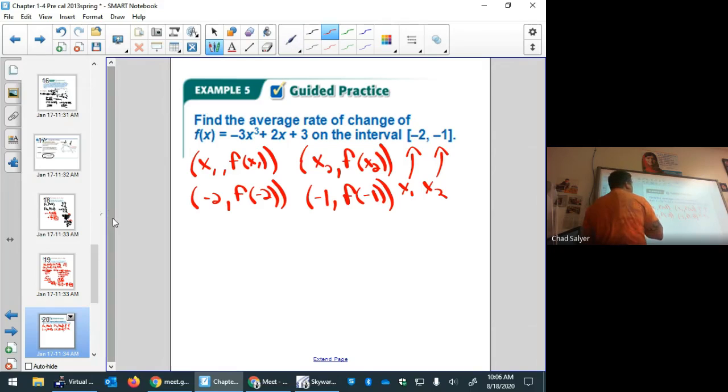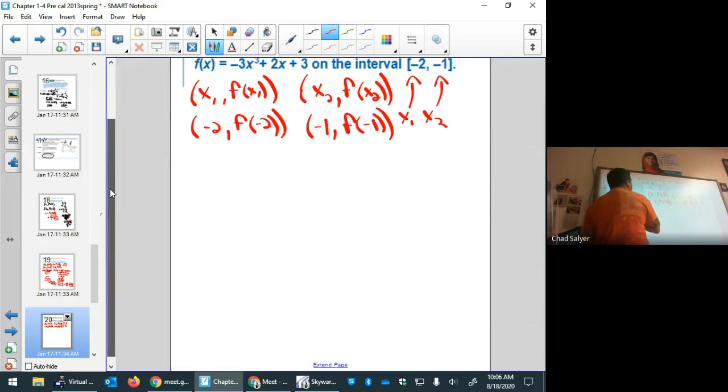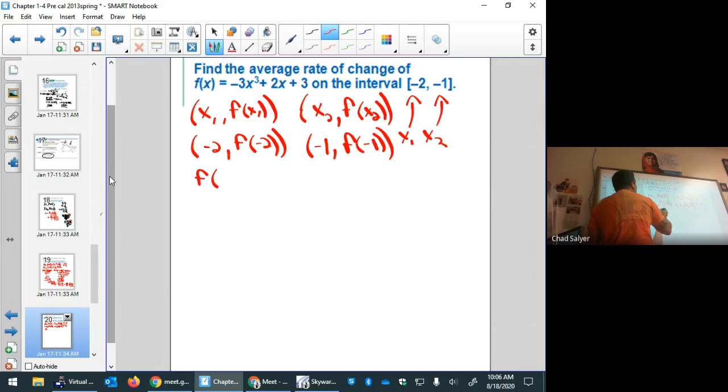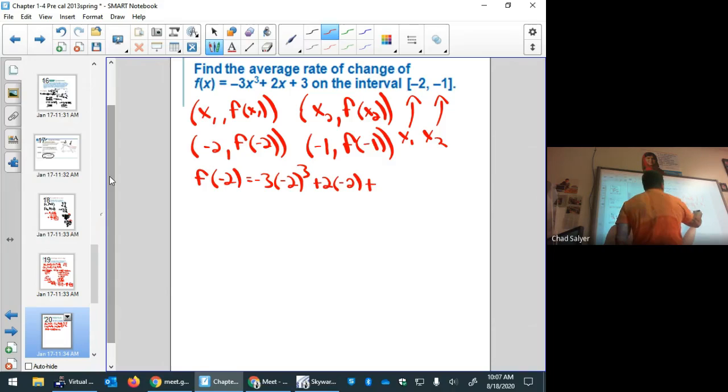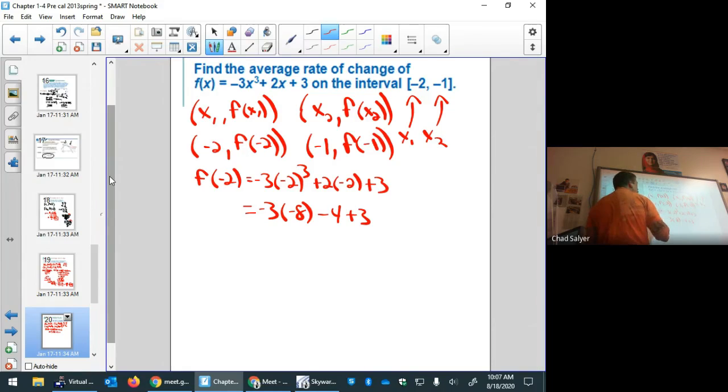So finding these points, first f of negative 2 is going to be negative 3 times negative 2 cubed plus 2 times negative 2 plus 3. So that's negative 3 times negative 8 minus 4 plus 3. PEMDAS again, we do the exponent first, then multiply. Negative 2 cubed is negative 8.